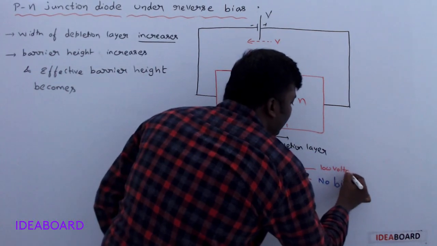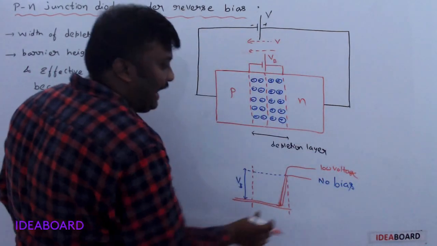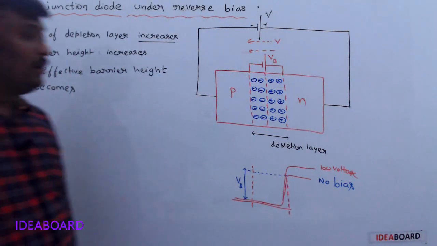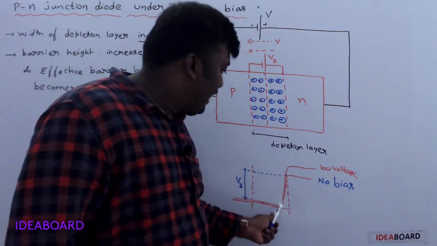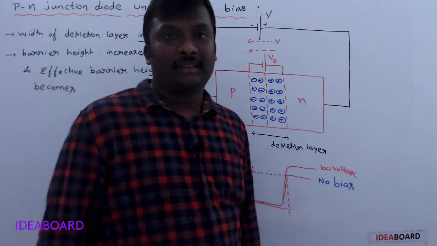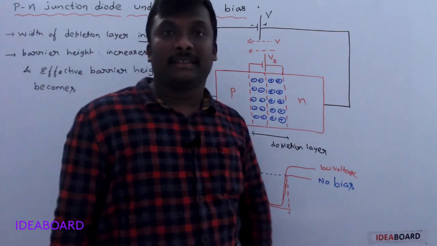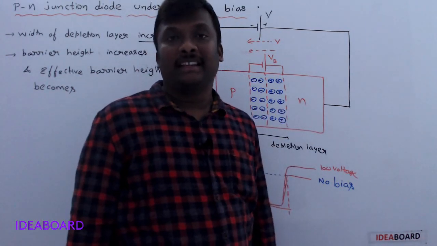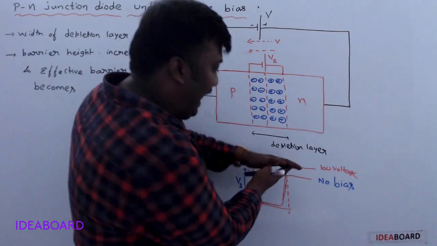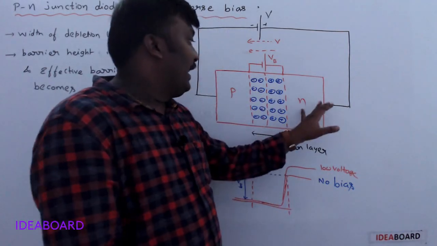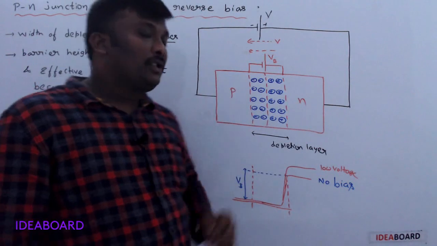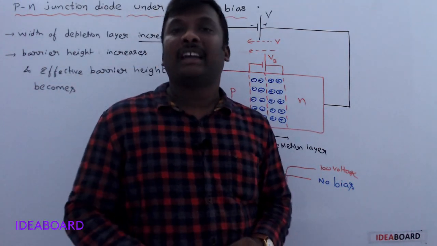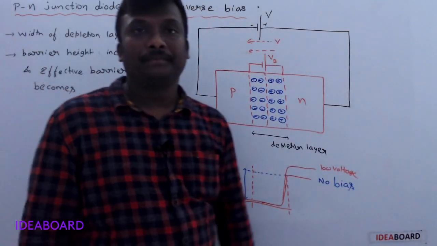So at low voltage, the effective barrier height increases. Whenever the barrier height increases, diffusion current due to minority charge carriers is not possible. Height increases, no? So electrons cannot cross towards the P region. So there is no diffusion current in reverse bias.